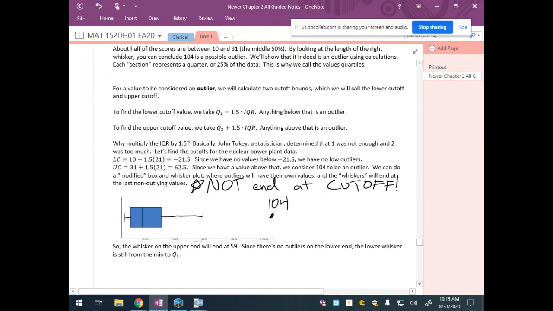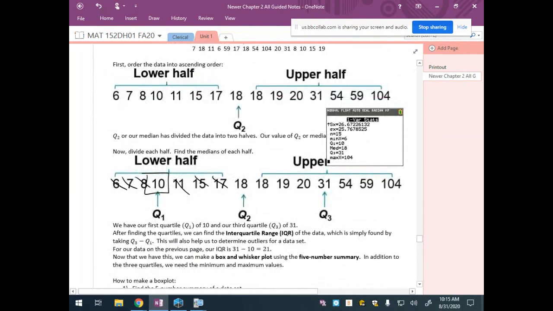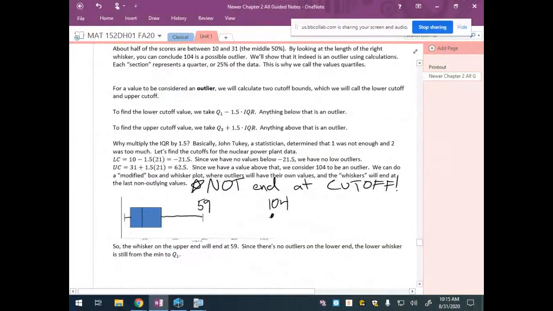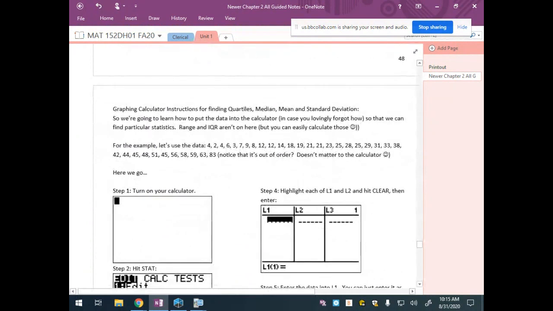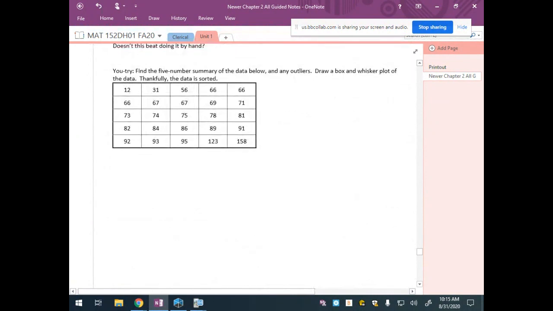Now, this will end at 59. The reason this ends at 59 is because that is the largest value that is not an outlier. Again, you do not put the cutoff of 62.5 there. You do not. All right, so these are general instructions on how to do that.